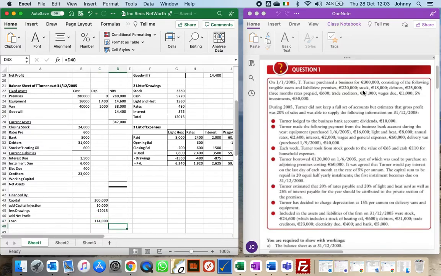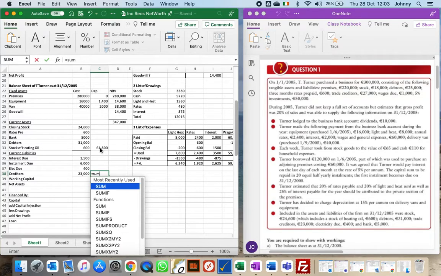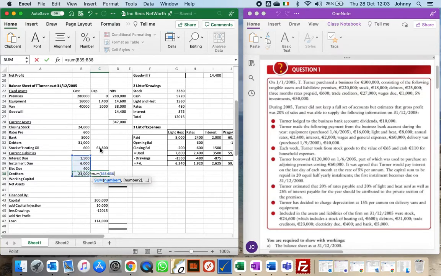Now, I know when I add up my totals, my total for capital employed is going to be the same as my net assets. So that's how I'm going to work out the missing figure, my net profit. If I add up all of my current assets, I'll add up my current liabilities, and I'll take the 2 of them away.